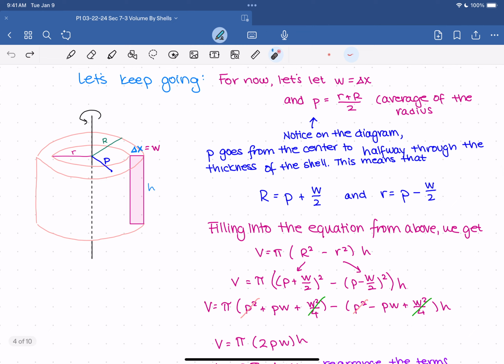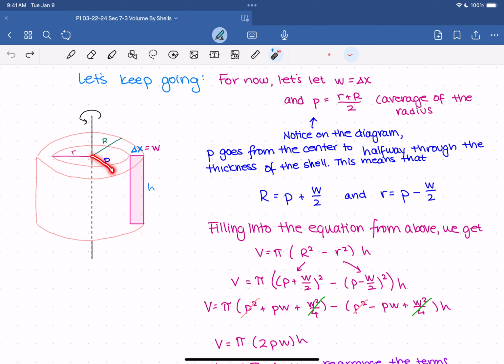Okay, so what are we going to do? Just for ease, I'm going to go ahead and call delta x w. And if delta x is w, representing the width or the thickness of the shell, I'm also going to introduce something else. I'm going to introduce p. P is the average of the radii, which you can always find by adding the two radii and dividing by 2. In the picture, that means P would start at the center and go halfway between big R and little r.